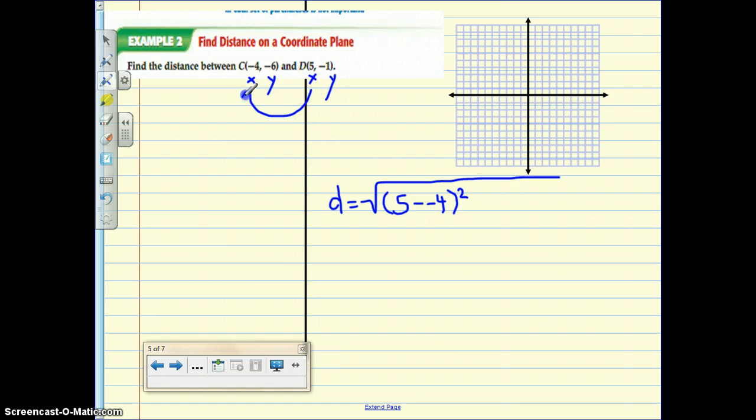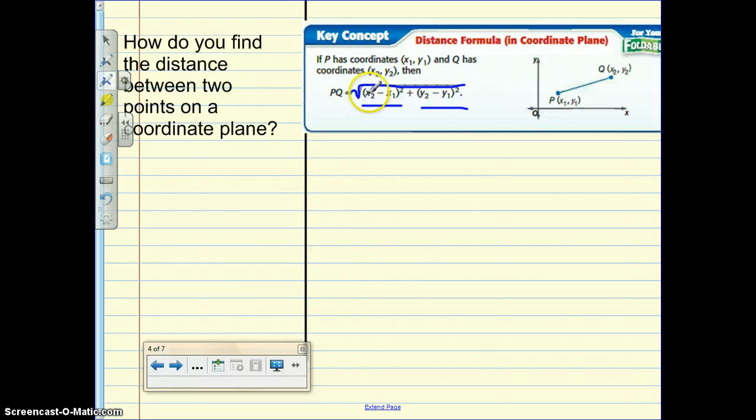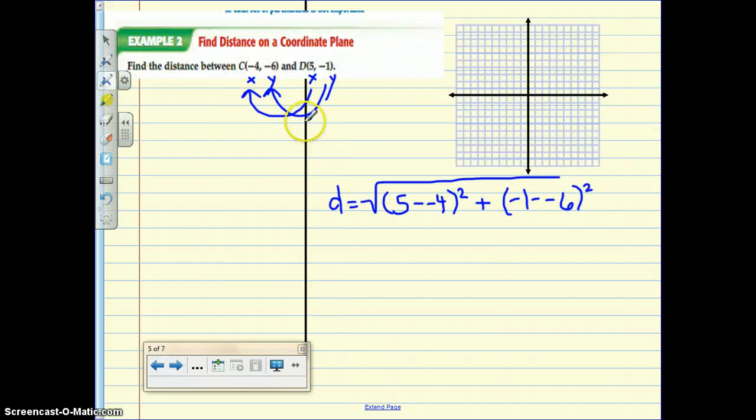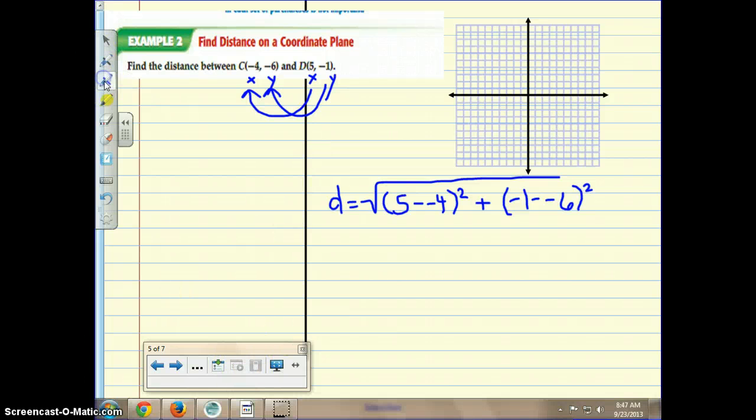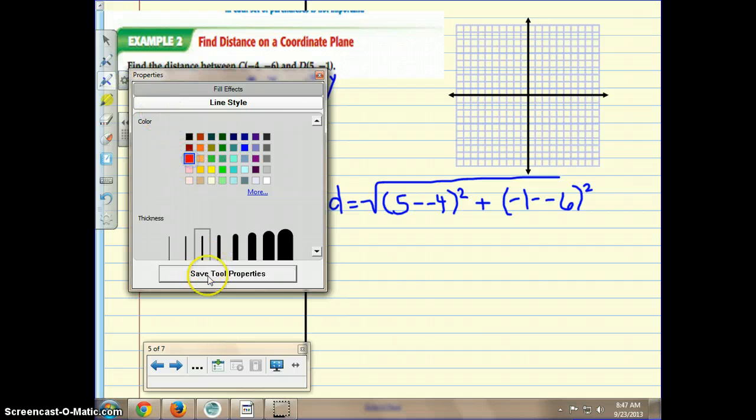And if I did 5 minus -4, I have to do -1 minus -6 for my y's, because you always want to start with the same point. The way the formula defines that is by saying that you always start with the second point minus the first point, which is great, and if you can do that every single time, the second point minus the first point. But you actually could do the first point minus the second point as long as you always started with the first point. So let's switch colors here while we simplify.